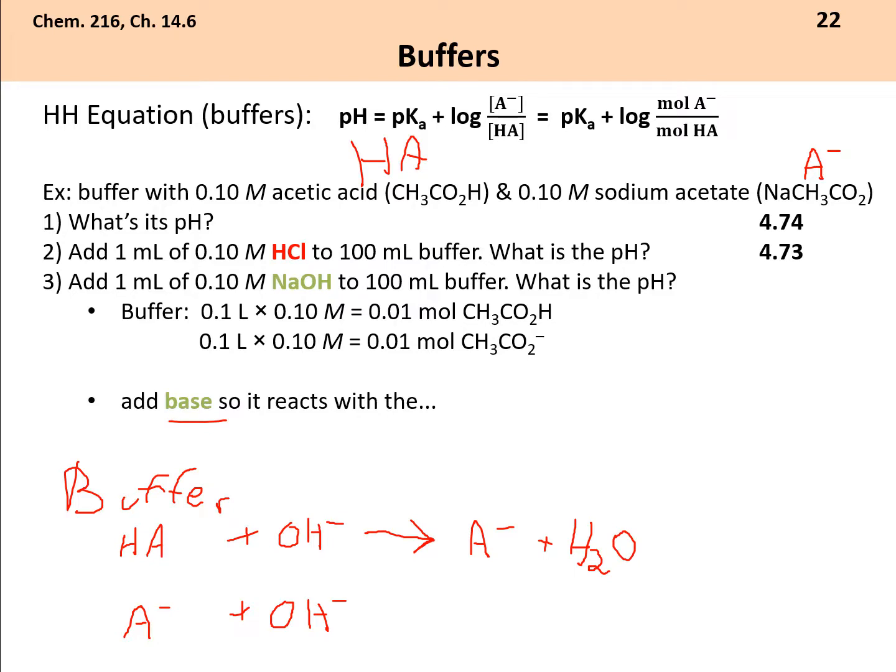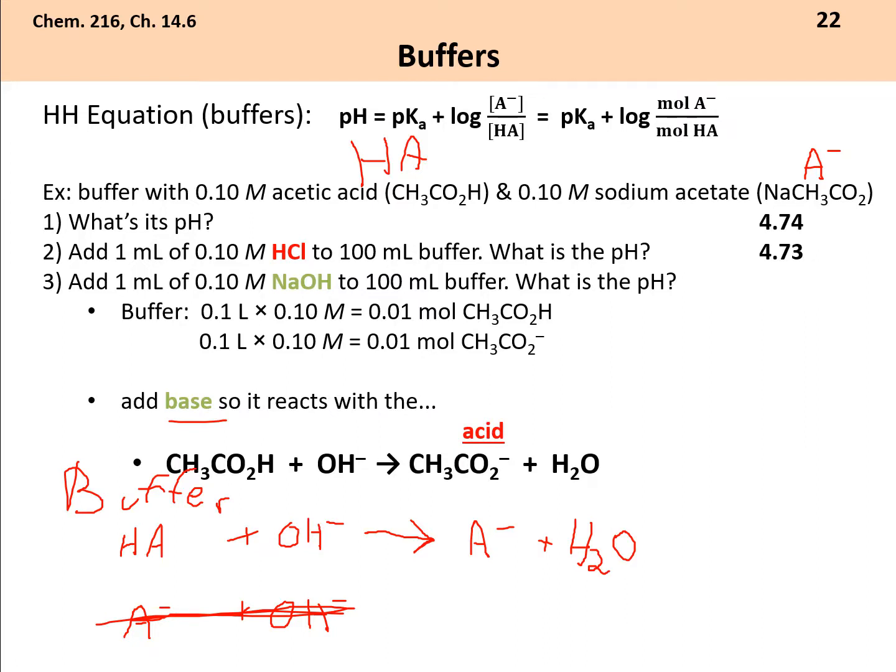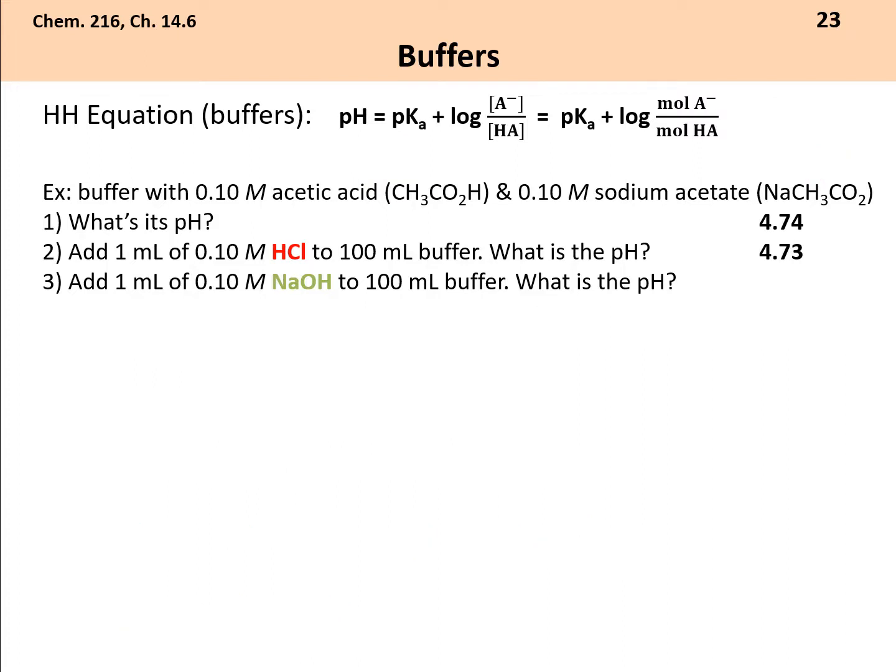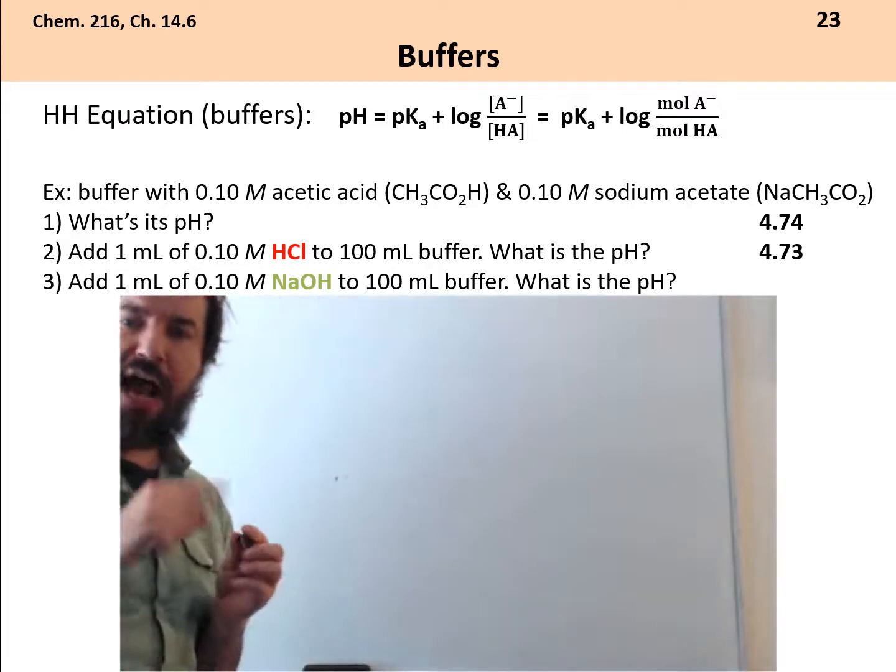A base and a base, that's not going to react. So that's my reaction: my acid reacts with a base to form the CH3CO2 minus. Now let's use the equation to figure out the pH after we do this.